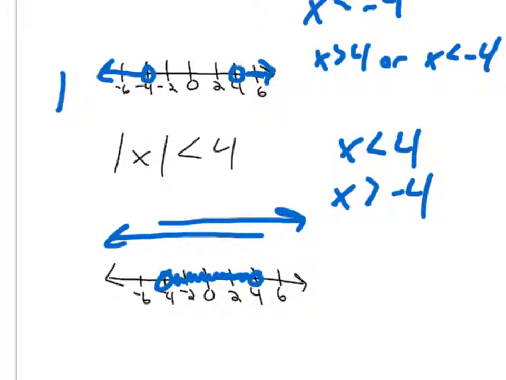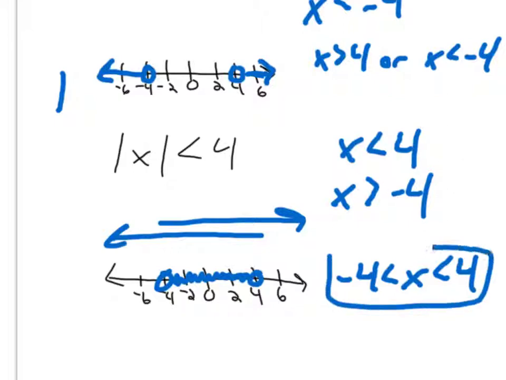So we could write this as negative 4 is less than x, and x is less than 4. There's our and inequality. Because what this is telling us is our solutions are numbers that are bigger than negative 4, which is what our graph shows, and numbers that are less than positive 4, again, which is what our graph shows.